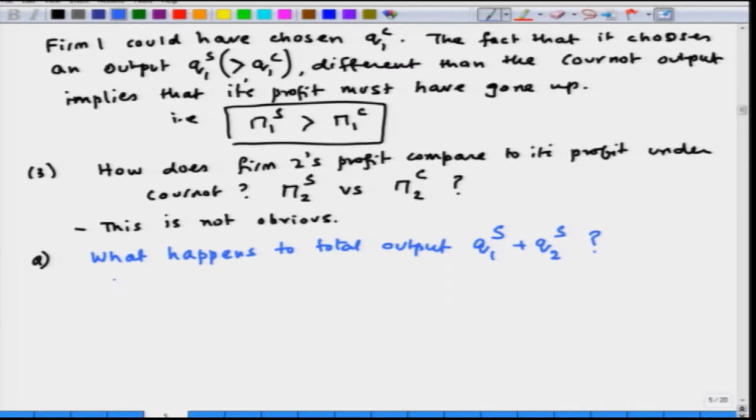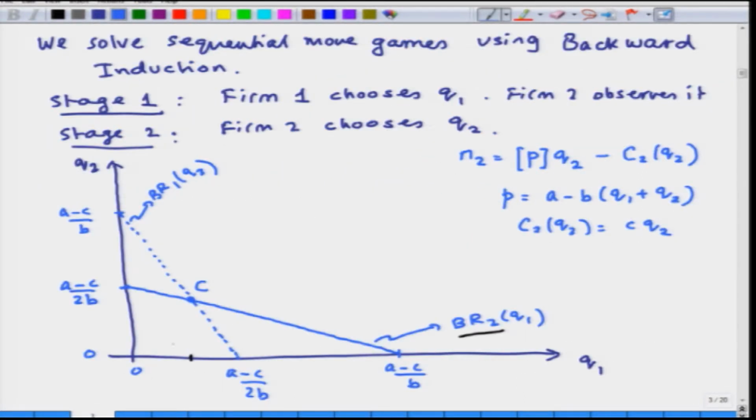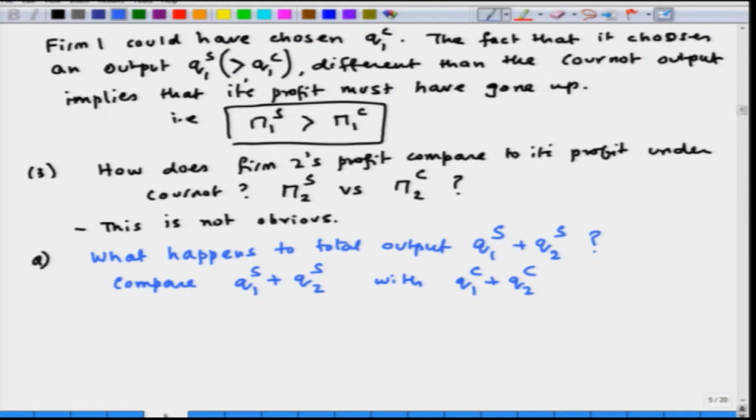So, we want to compare Q1S plus Q2S with the total output under the Cournot model, which we already know. The total output under the Cournot model is essentially Q1C plus Q2C, right. These are the Cournot outputs. Now, we want to ask what happens to the total output. Again, this is not very obvious.